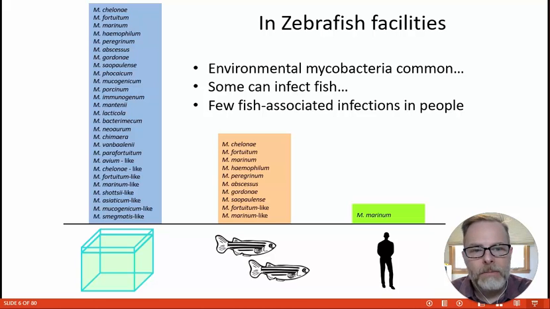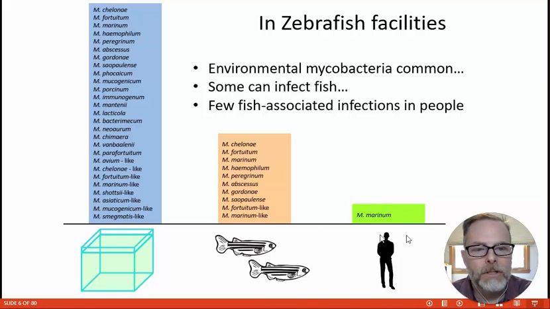If we look at surface biofilms, this is from my own data, collecting surface biofilms with a swab from a tank from many different facilities over many years, we find this long list of different mycobacteria. If we look in fish, we don't find as many. So there are some species of mycobacteria we find on surface biofilms, but we would have never encountered in fish. So there's some reason some of these can be pathogens in fish or not. And that's something we're trying to understand.